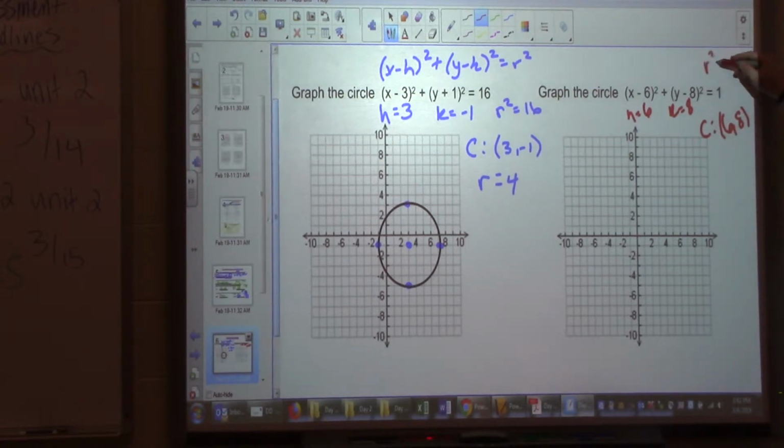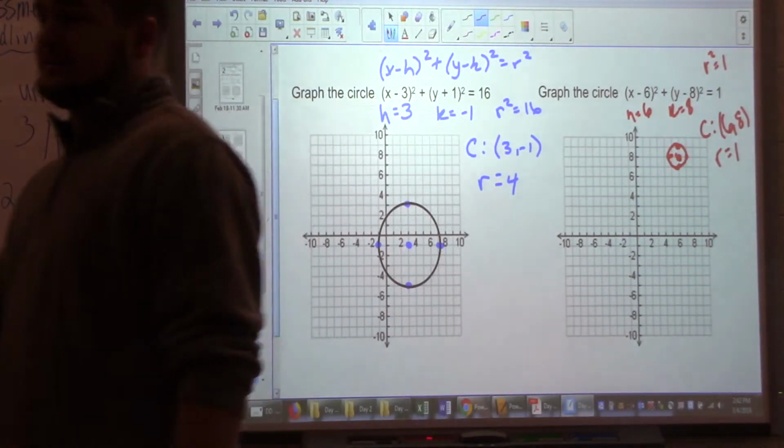Well, then my radius squared is 1, which means my radius equals 1. So at 6, 8, I'm going to put a point. I'm going to go up 1, over 1, down 1, over 1. Draw on my circle. Pretty simple. Any questions about graphing them?